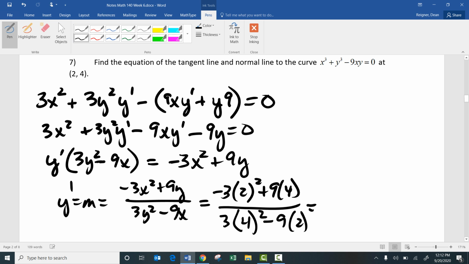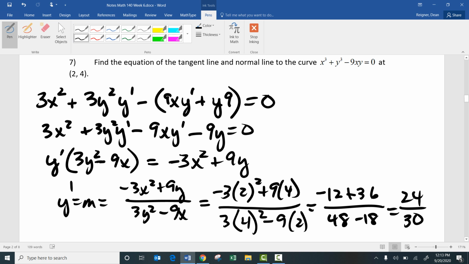X is 2. So here we have 4 times negative 3, which is negative 12, plus 36, over 16 times 3, which is 48, minus 18. So what kind of number do we get? 24 over 30. So this becomes a fraction, it looks like. So our slope is 24 over 30. And we can take a 6 out of both of those.